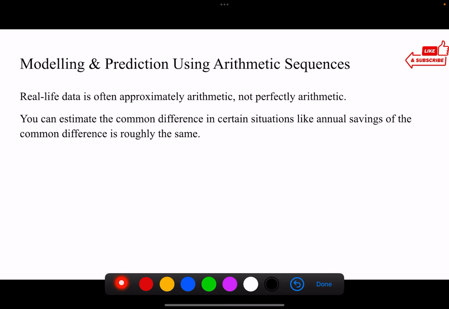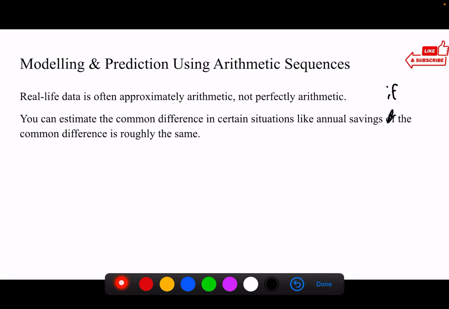So modeling and predictions using arithmetic sequences. You have to know that real life data is often approximately arithmetic and most often not perfectly arithmetic. You can always estimate the common difference in certain situations like annual savings, if the common difference is roughly the same.